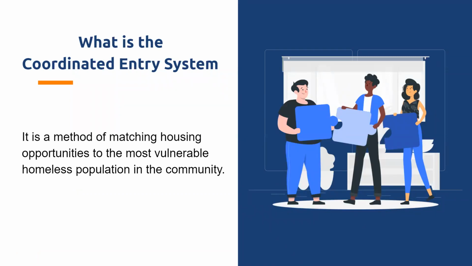So let's get started. The Coordinated Entry System, also referred to as CES, is a method of matching housing opportunities to the most vulnerable homeless population in the community. The goal of this system is to rapidly end their homelessness.